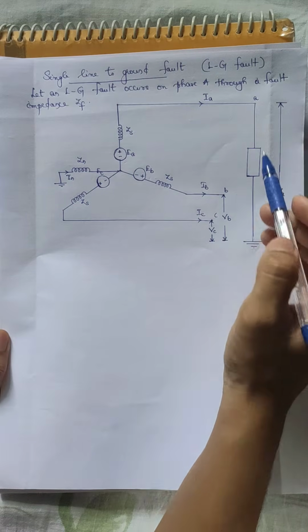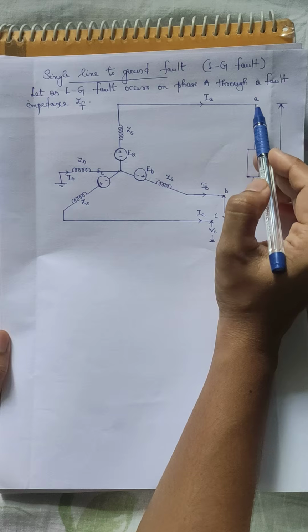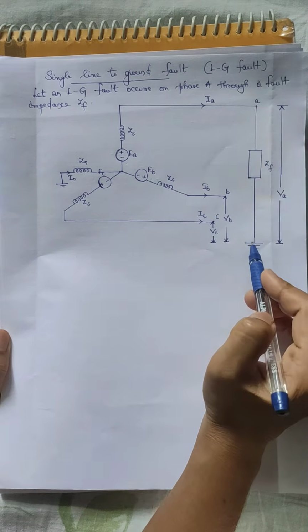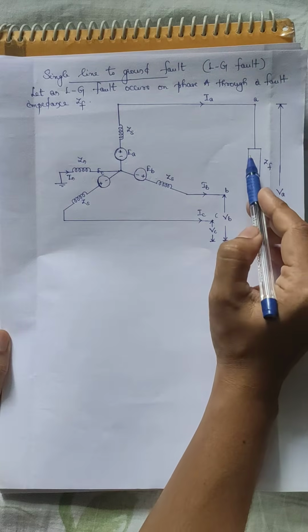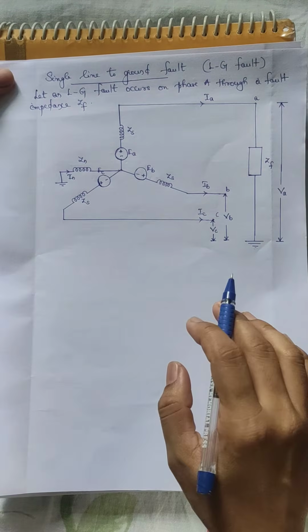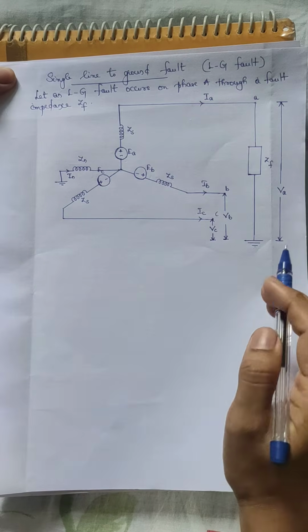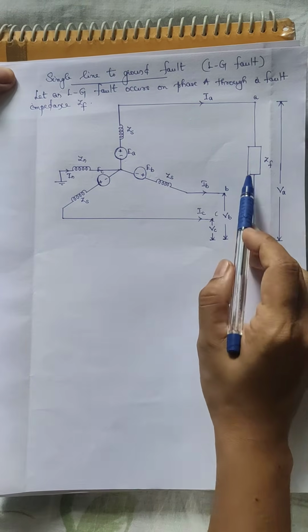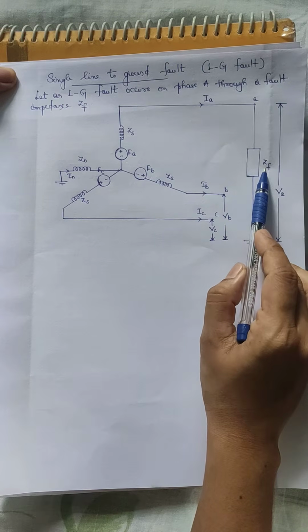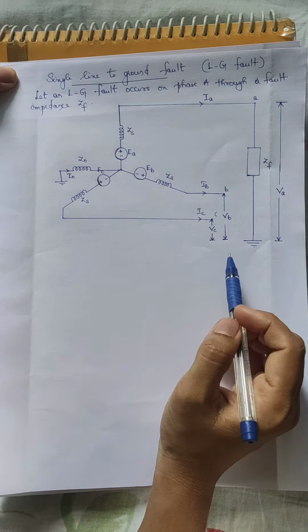So under this condition, let the phase A conductor be grounded through a fault impedance Zf. So there is a short circuit fault at phase A. Phase A conductor is grounded and there is a fault impedance Zf in the ground path.